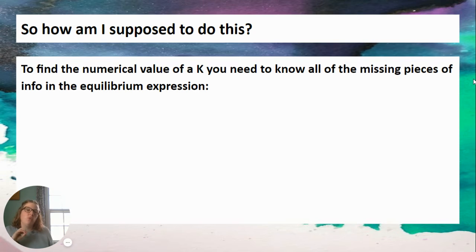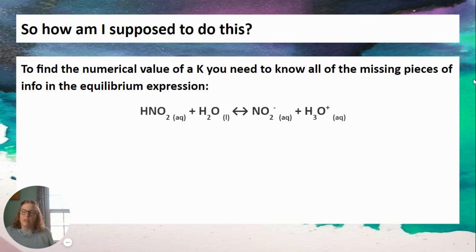When you want to get a numerical value for K, given some sort of data, you need to know all of the missing pieces for the information that shows up in your equilibrium expression. For instance, if I have the reaction of nitrous acid, HNO2, in water, it breaks into the nitrite ion, NO2-, and H3O+, our hydronium ion.